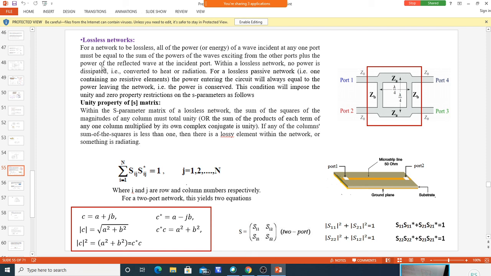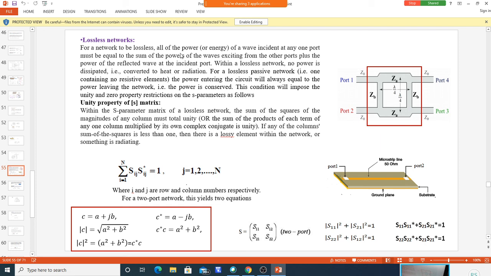For a network to be lossless, all of the power of a wave incident at any one port must be equal to the sum of the powers of the waves exiting from the other ports plus the power of the reflected wave at the incident port.